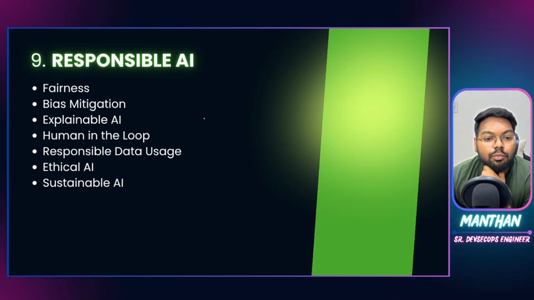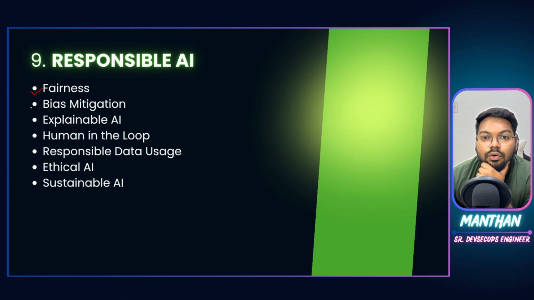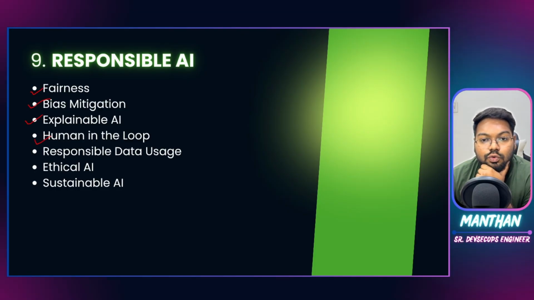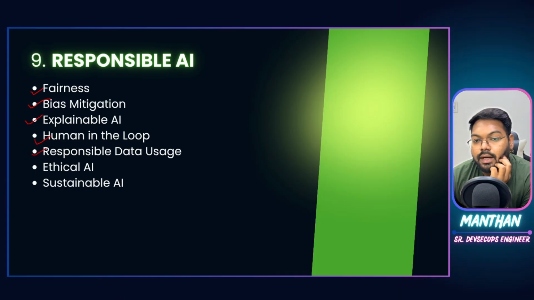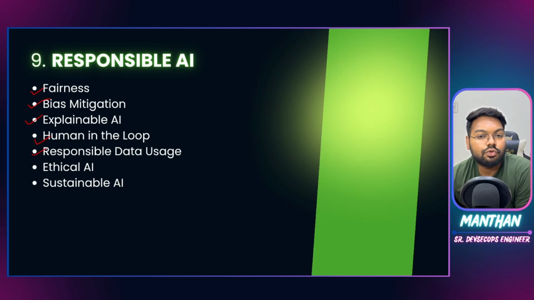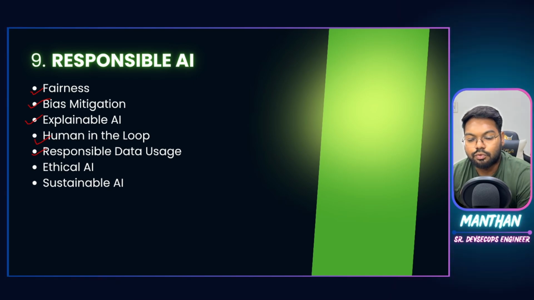Then our responsibility is to create a responsible AI that is fair, does not have any bias, and is explainable. And then there is a human in the loop to measure the outcome of whatever the data is. Then responsible data usage. There should be the basic decency of at least asking permission for using people's data.